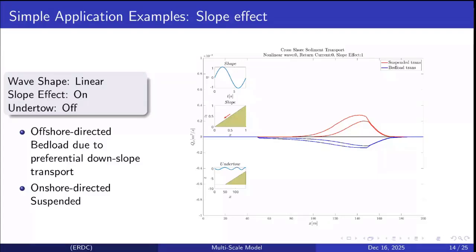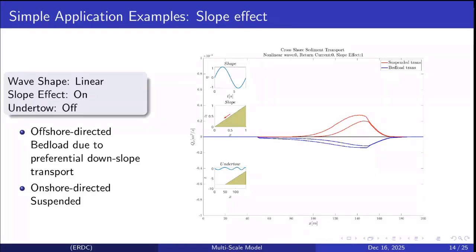In reality, it should play some role in the initiation of sediment transport, because you have a slightly greater likelihood of moving sand downslope rather than up if initiation is taken into effect, but we haven't done that in this model.